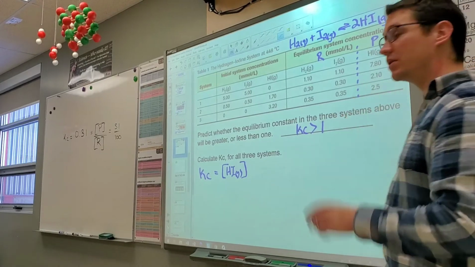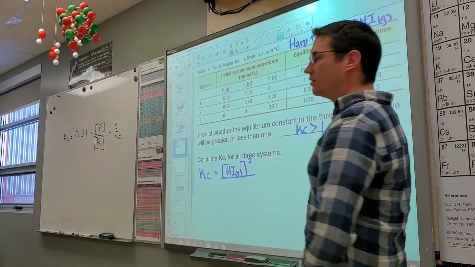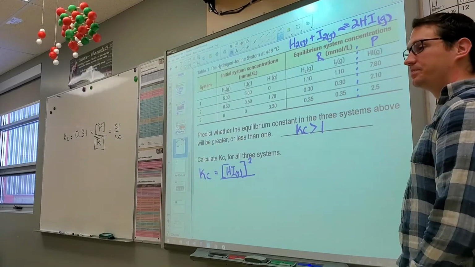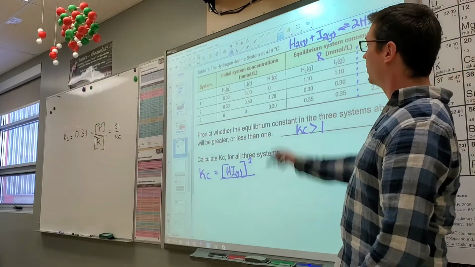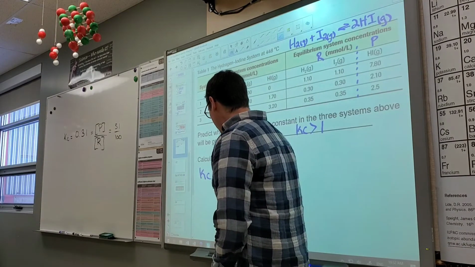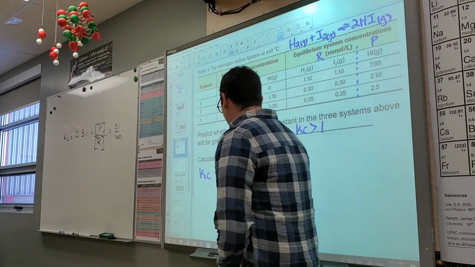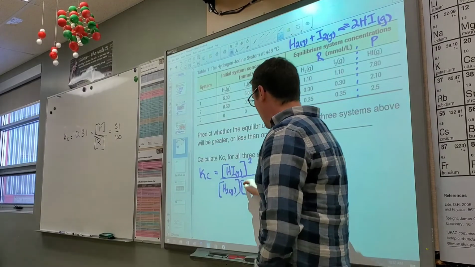Raised to the power 2, because that's the coefficient. Divided by what? The concentration of H2 multiplied by the concentration of I2.